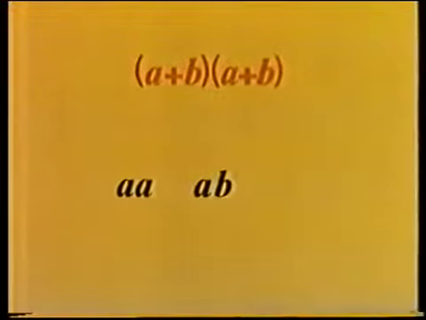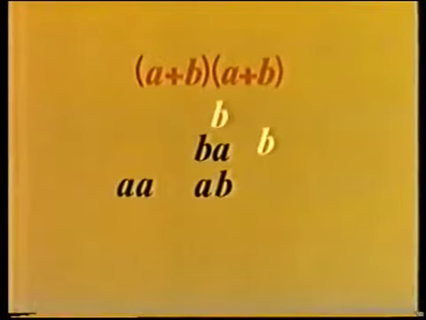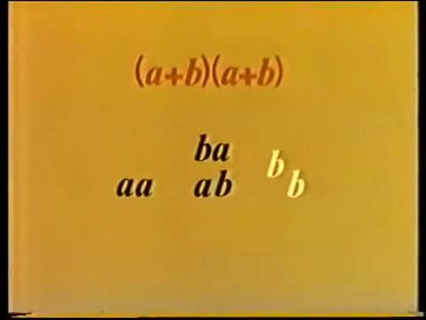You could choose a from the first and b from the second. You could choose b from the first and a from the second. And finally, you could choose b from each bracket. Adding all these together gives the answer, which we usually write like this.